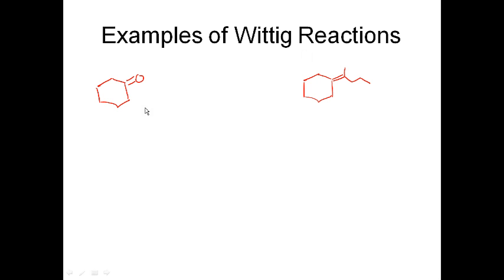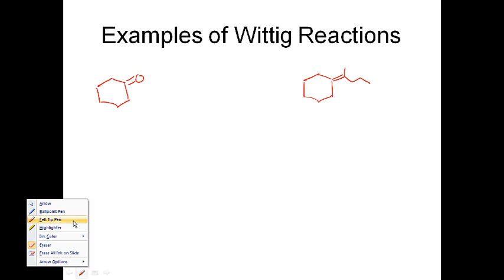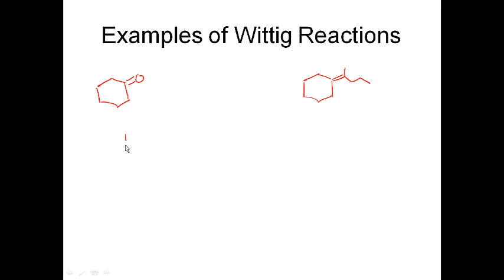But in this case, with the Wittig, all I would need to do is take this ketone and form this part of the molecule, and then take this alkyl halide.